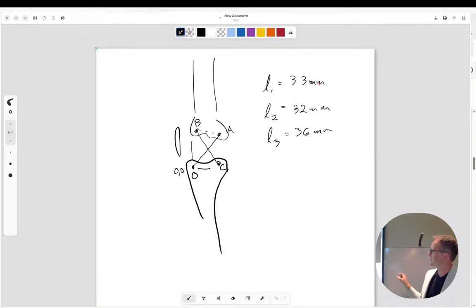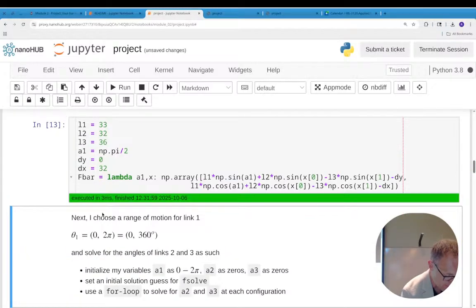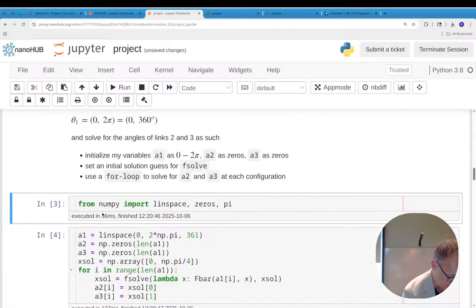I would think it's 32 millimeters away, something like that. I could call my DX 32 millimeters. Maybe something like that. So let's say it's 32. And I'll leave dy as 0 just for now, just so I have something. But you could change dy if you have better estimates for that.